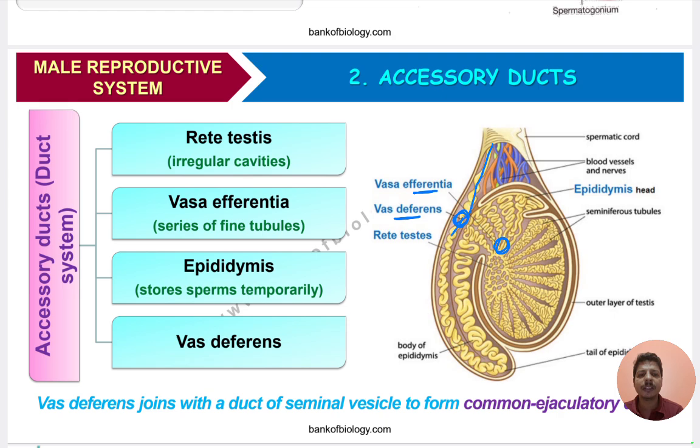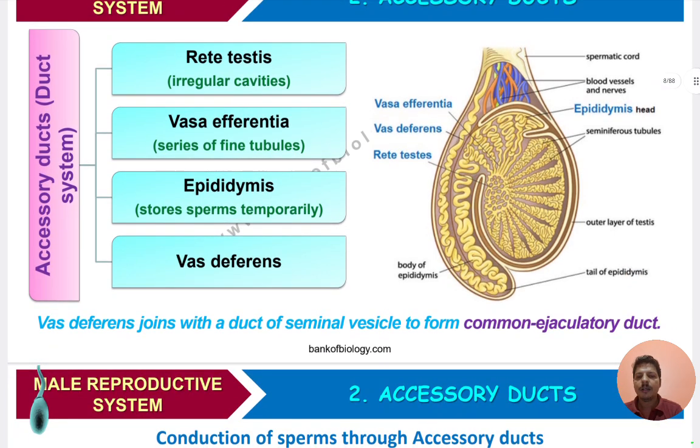These irregular cavities are the rete testis. And here is the epididymis, which stores the sperm temporarily. The vas deferens joins with the duct of the seminal vesicle to form the common ejaculatory duct.